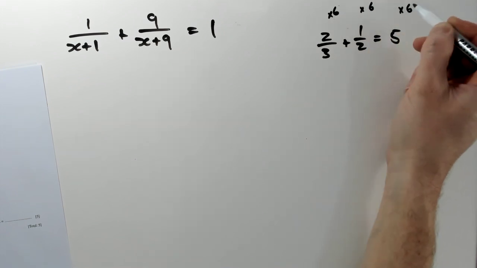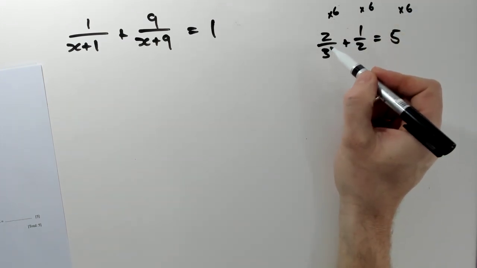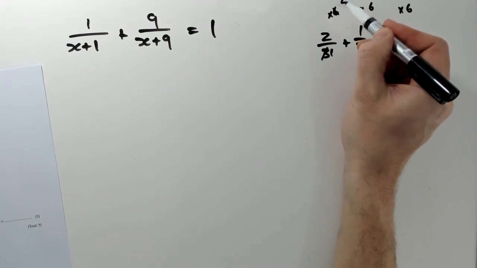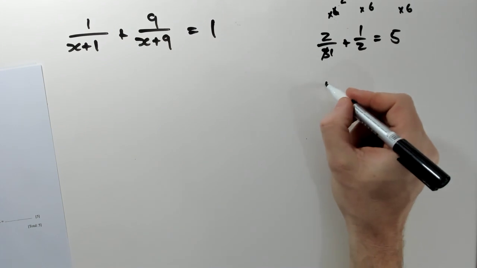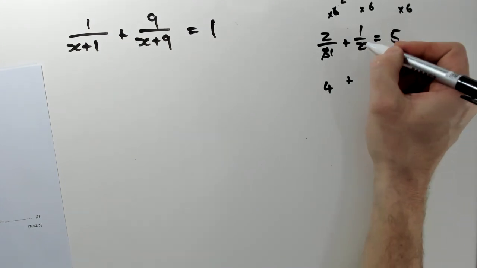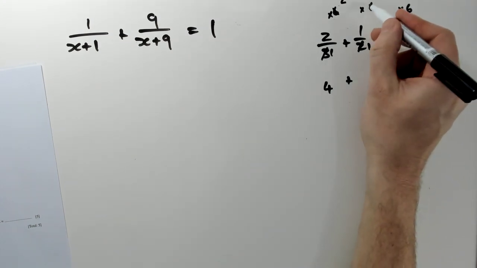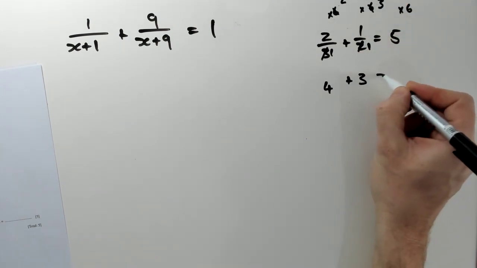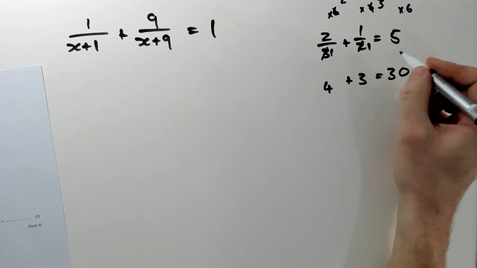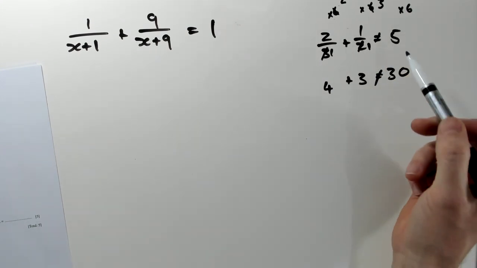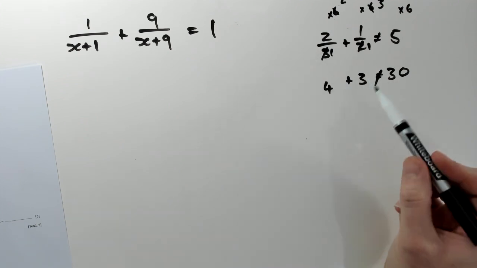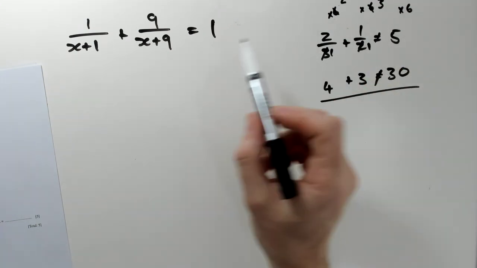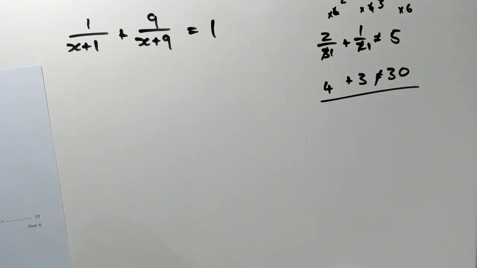Then 3 will go in itself 1 and into 6 twice, and then 2 times 2 would give me 4, and then the same here, 2 would go in itself once and into 6 3 times, so I'll have 1 times 3, which is 3, and 6 times 5 is 30. Now obviously this is not the same thing, but the point is I can make these fractions disappear just by multiplying with a common denominator.